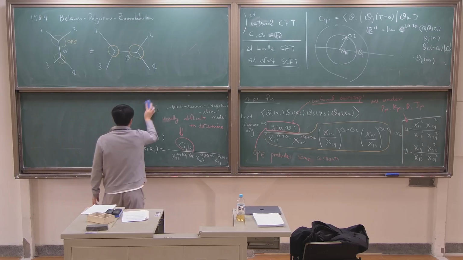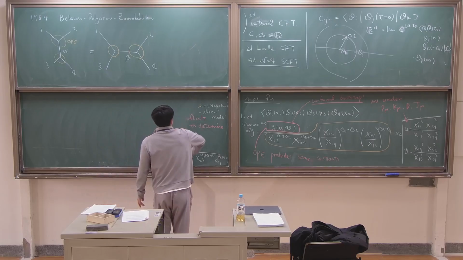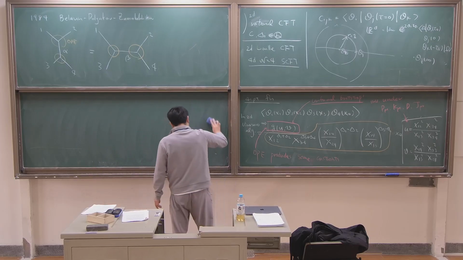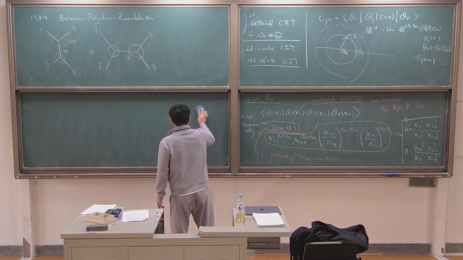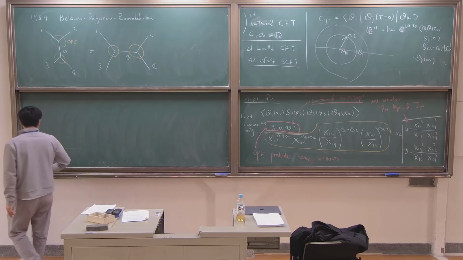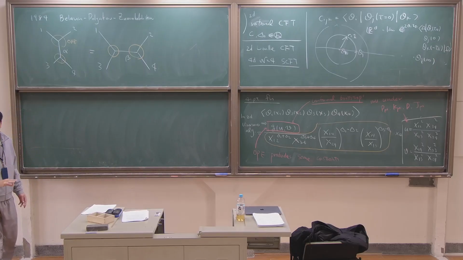So from now on, so far I have talked about very general things. Nothing concrete. I just used the conformal transformation in general dimension, how the operator behaves under conformal transformation and so on.